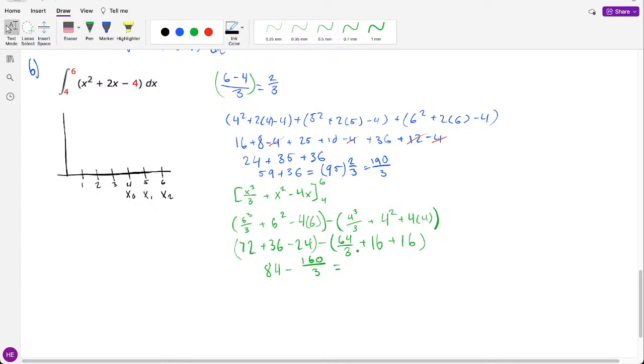And so that equals the 80 minus 160 over 3. 92 over 3. Okay. So I guess my previous answer was close. Not very close though. So let's submit that.